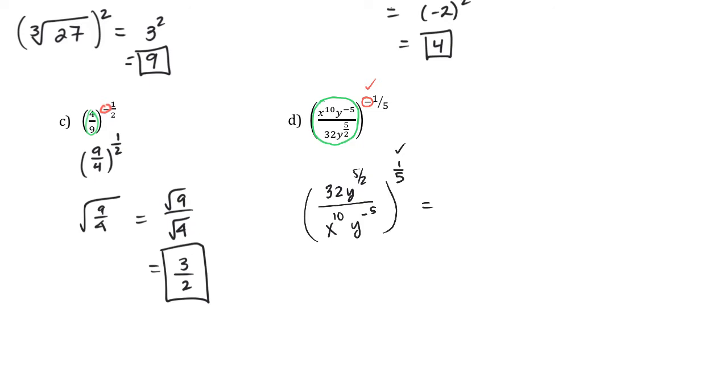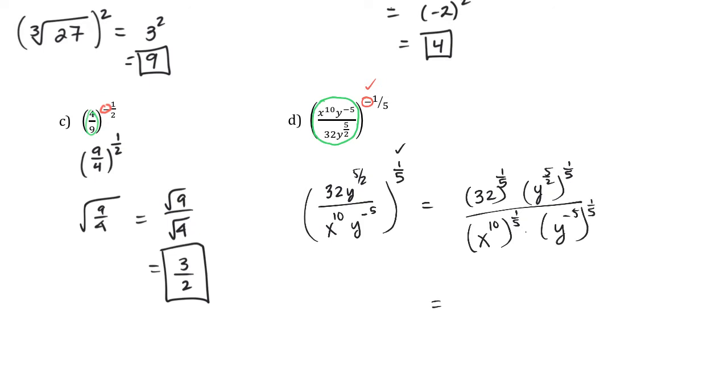So I would take 32 to the 1/5 power. I would take y to the 5/2 to the 1/5 power. I would take x to the 10th to the 1/5 power, and y to the negative 5 to the 1/5 power.